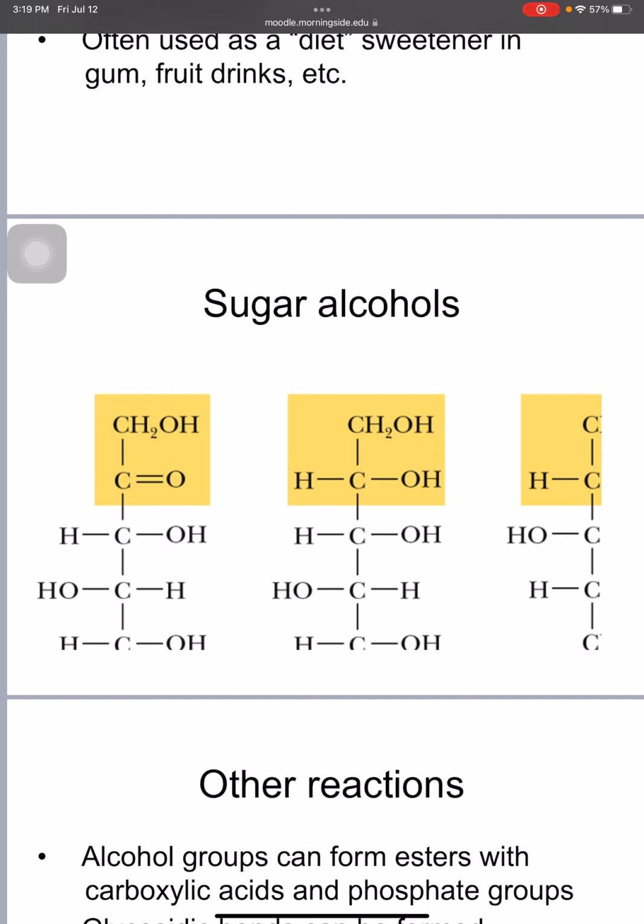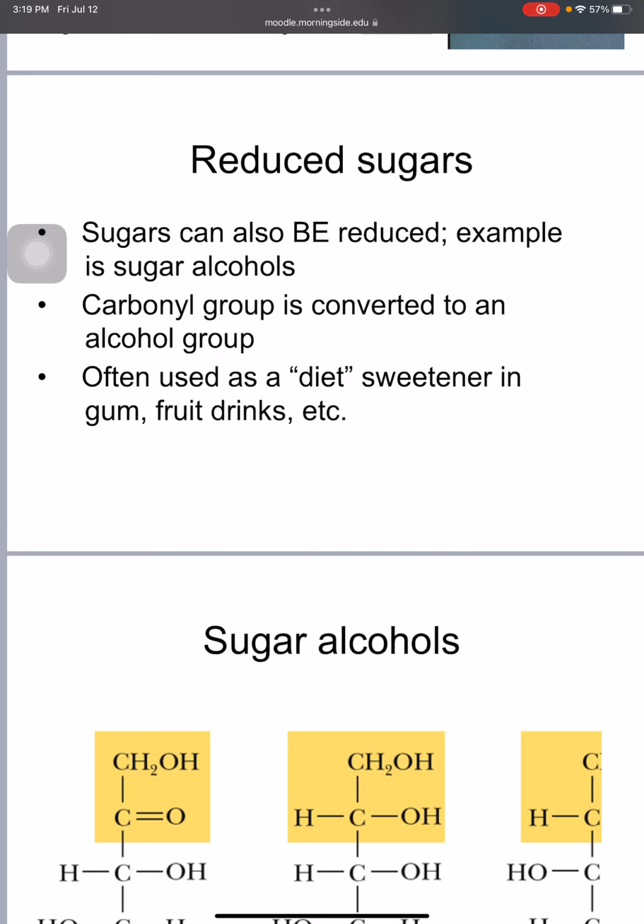They're used for diet drinks, low calorie applications because they do have lower calorie values than sugars do. A sugar alcohol is going to contain about anywhere from 0 to 2 calories per gram, whereas a monosaccharide like glucose is going to have about 4 calories per gram. So it does provide a little bit less of a caloric intake.